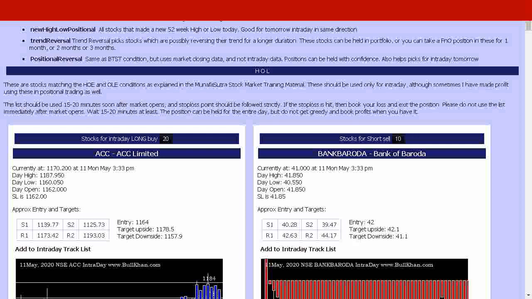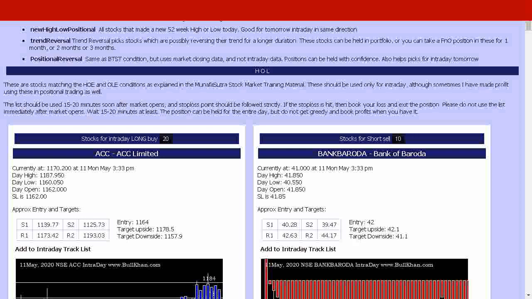Now the key in intraday trading is that you should not wait for too long. If you are having 0.5% profit, 1% profit, 1.5% profit, 2% profit, then book your profit and go home, or go and take a trade in some other stock.